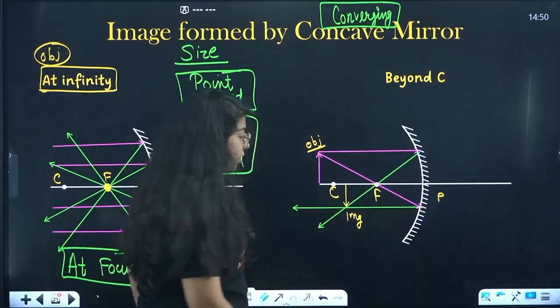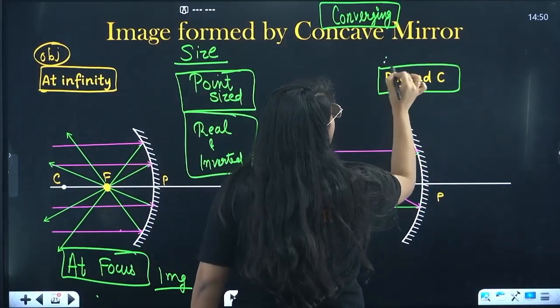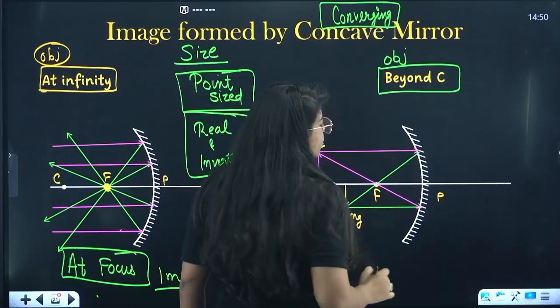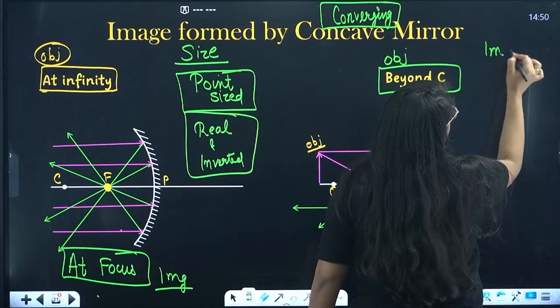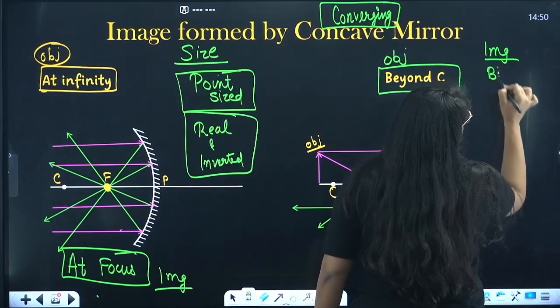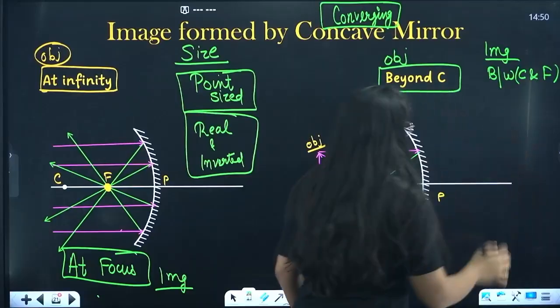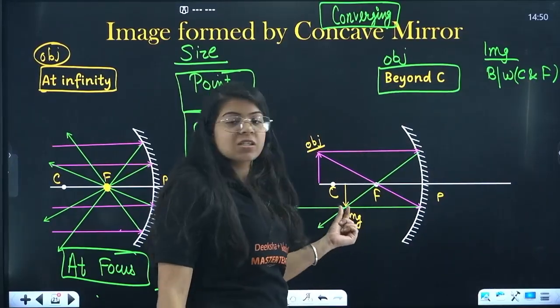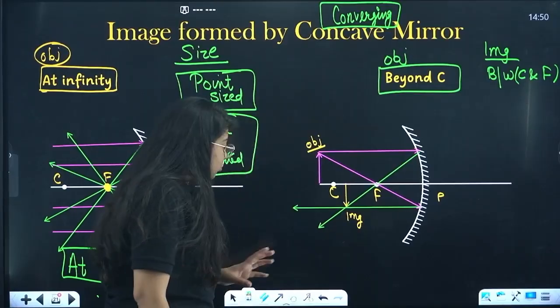So let's write about this, right? This was your object. Now let's write about the image. The image will be between C and F, between center of curvature and focus, just like we have drawn. Then beta, we have to write about the size.